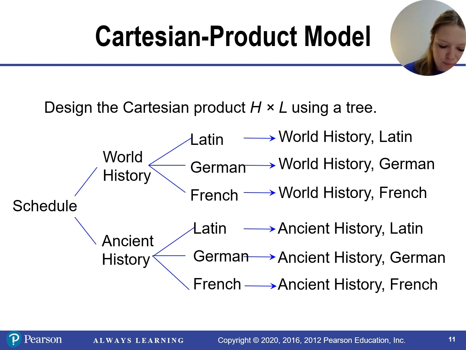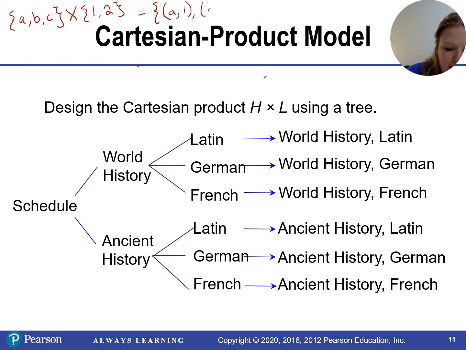So for example, the Cartesian product of 2 sets, A, B, C, and 1, 2, would be all of the ordered pairs: A with 1, A with 2, B with 1, B with 2, C with 1, and C with 2.